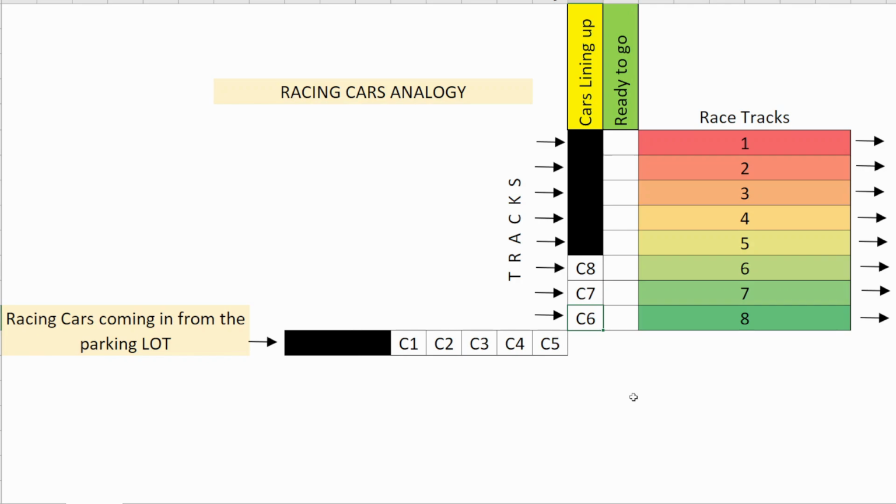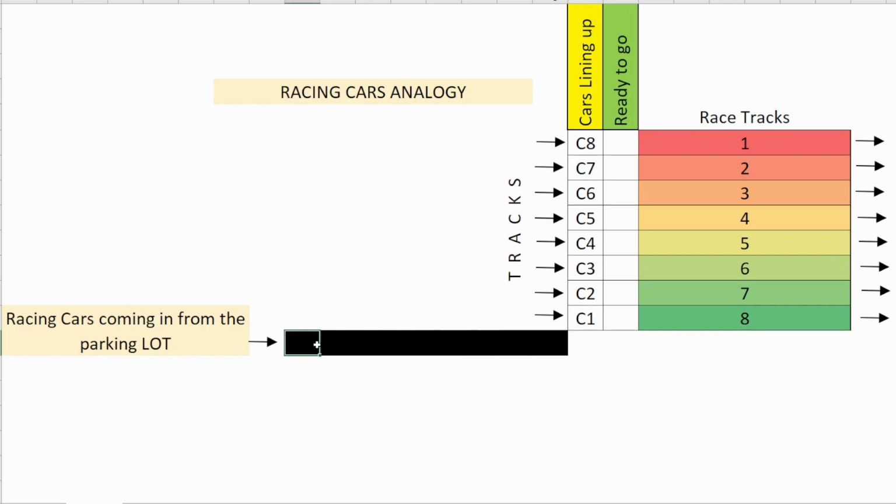Now you will see that after we shift all of them, C5, 6, 7, 8, they will be shifting up, shifting up, shifting up, shifting up. Now see what happened. Cars actually were coming one after the other on a single track, and they have come now onto parallel tracks.